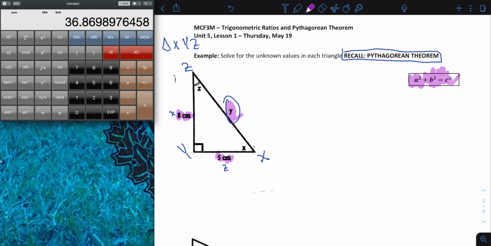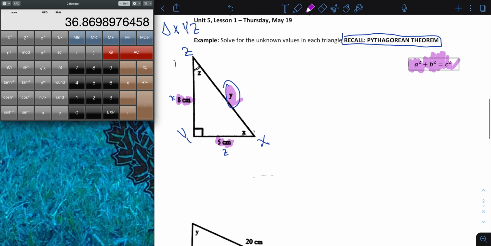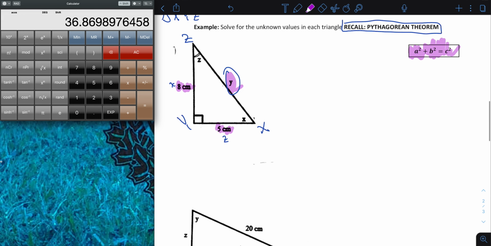That's not to say that you can't work your way around the triangle to figure out the side length using trig ratios if you were provided an angle. Okay, but in this particular question, you're going to want to use Pythagorean Theorem because you don't have an angle.